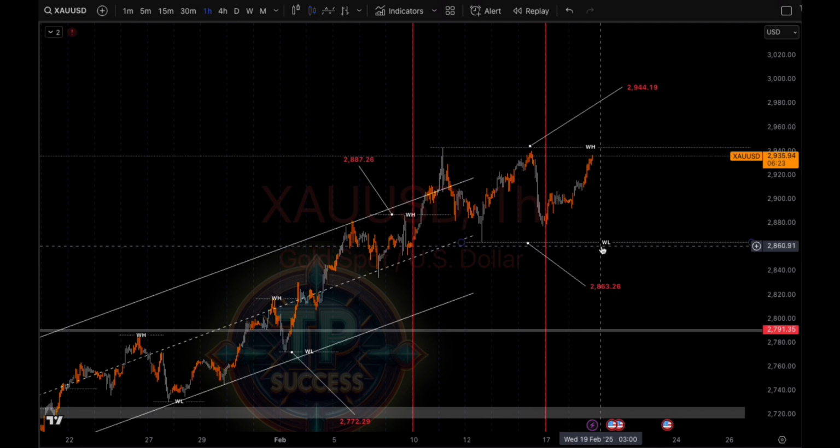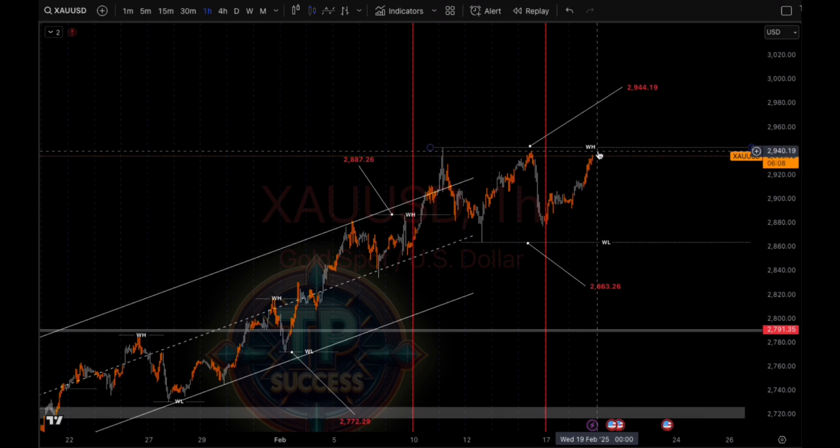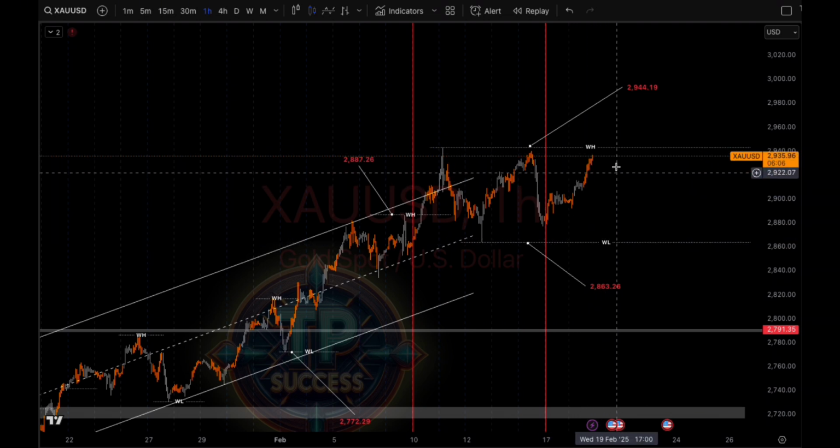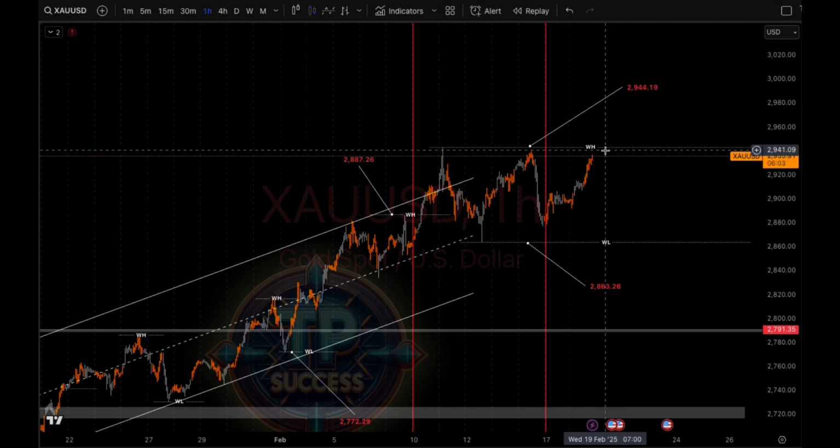We might have some form of consolidation, but bottom line is I'm expecting price to continue in the direction that it is moving in. So because that is what I will be expecting, either I will put in a trade, or if I'm already in a trade like I am now, I will just continue to hold it, and I may deploy countermeasures at these levels over here in the form of a trailing stop to secure what I've gained so far.